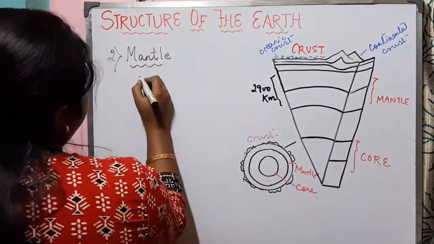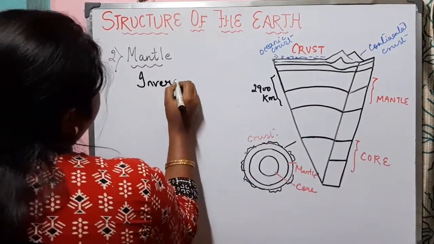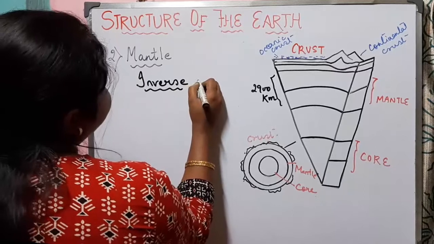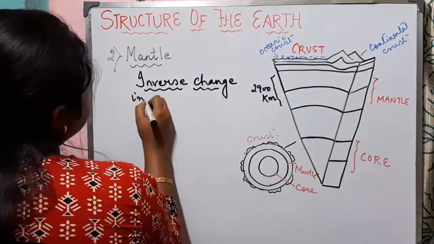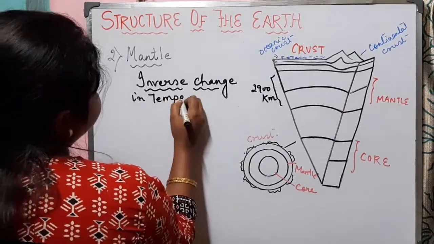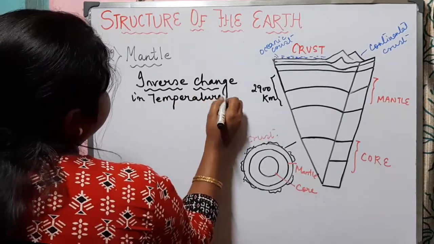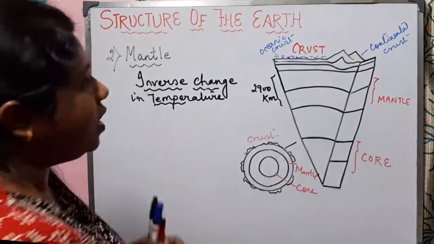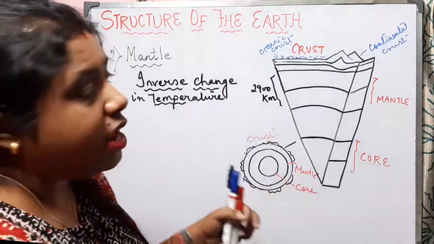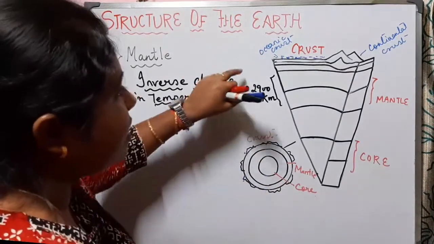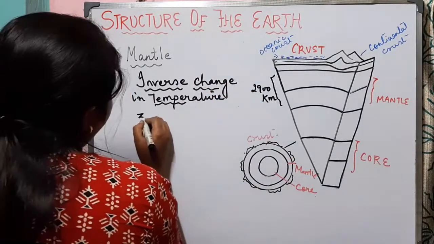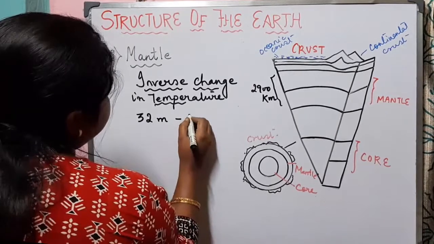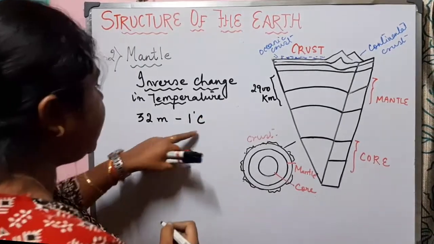Mantle is the layer where there is a change in temperature with depth. At first, the rise in temperature is rapid, that is, for every 32 meter, there is a change of 1 degree Celsius.